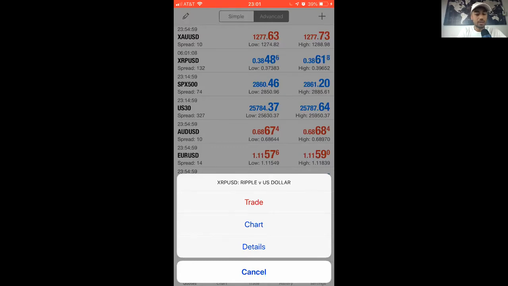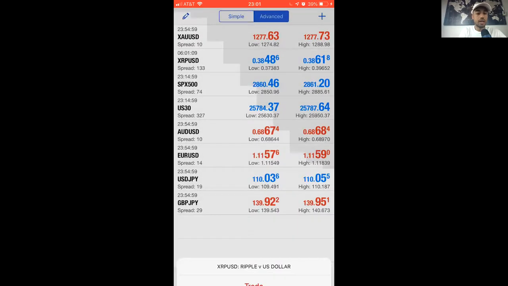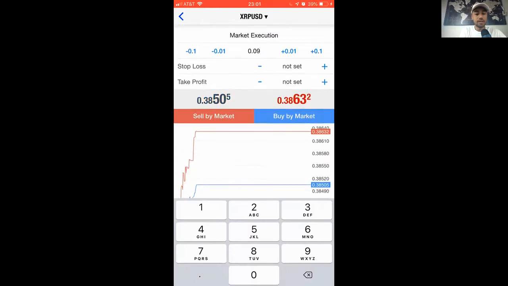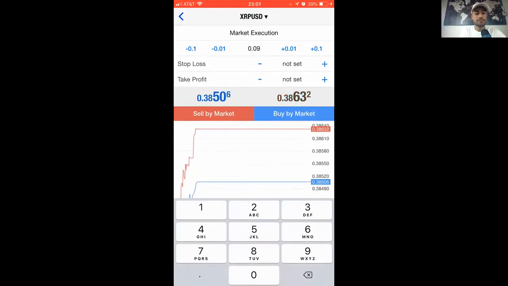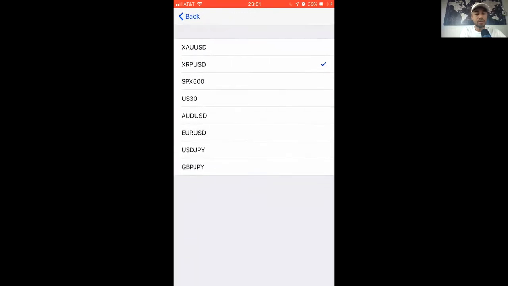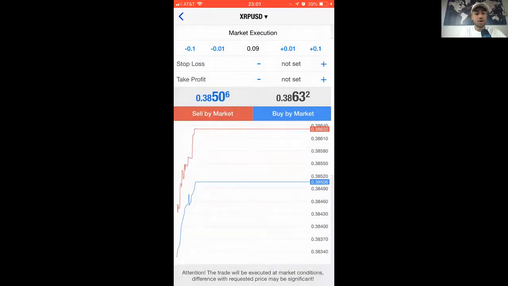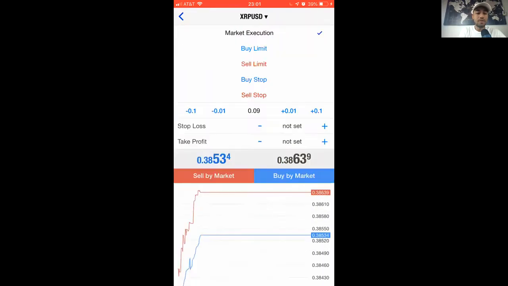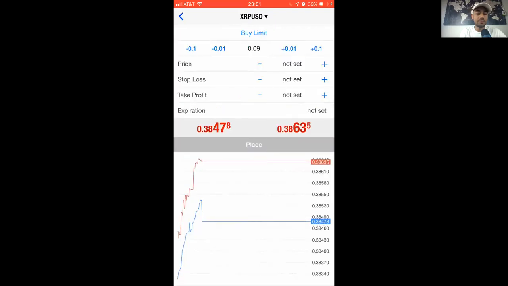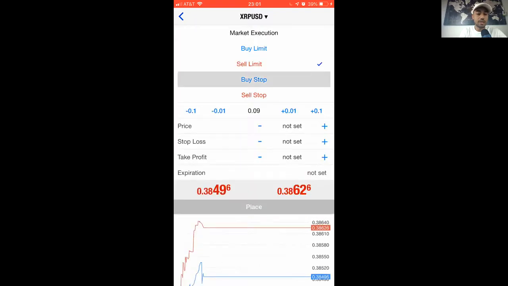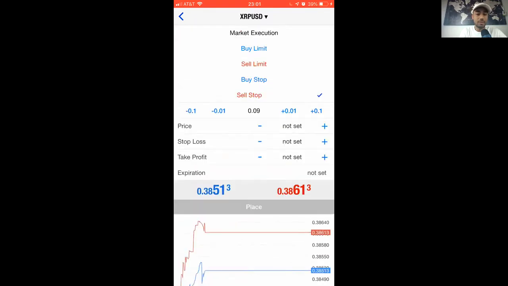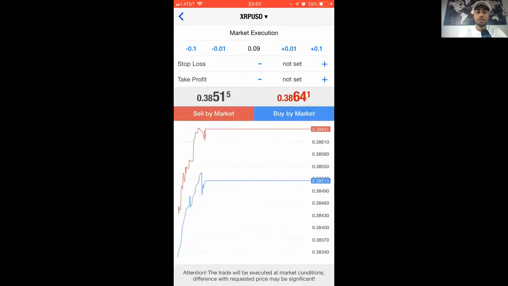And I'm going to click where it says trade so I can enter into something, right? Now you see this number right here. First, at the top is where you can pick your pair, right? Where it says market execution, if you were to tap on that, you'll see that there's buy limit, there's sell limit, there's buy stop, and then there's sell stop, right? We'll get into what all those mean later on. Don't worry about that.